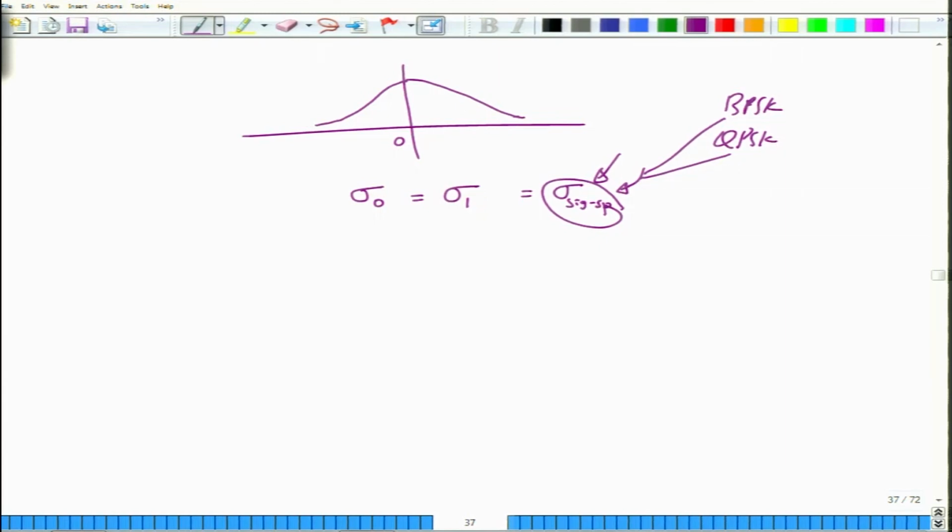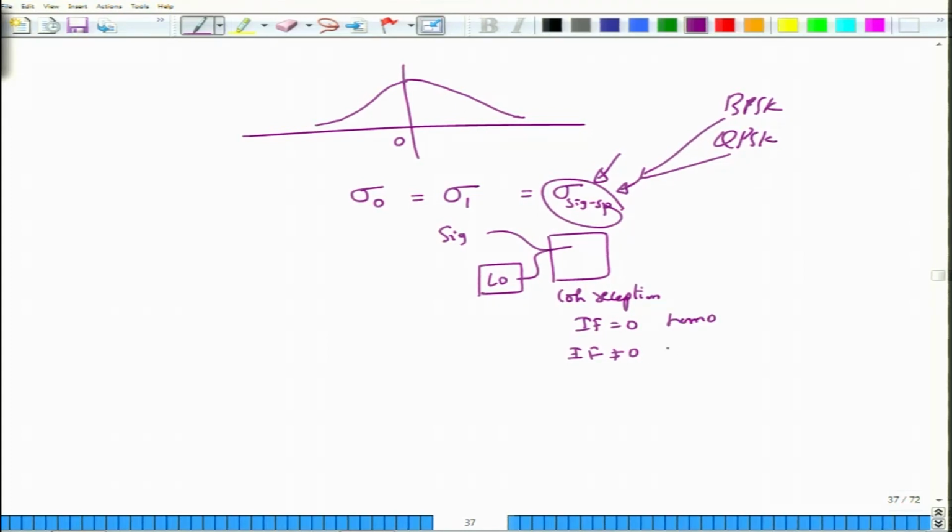In fact, it is not even this signal spontaneous noise which will be dominating in most receivers. If the receiver incorporates what is called a local oscillator at the input and mixes the incoming signal with it, that is called coherent reception. Coherent reception can be either an IF 0 reception or an IF non-zero reception. IF stands for intermediate frequency. IF equal to 0 corresponds to the homodyne case, whereas non-zero IF corresponds to the heterodyne case.